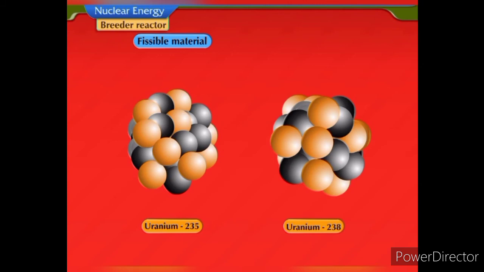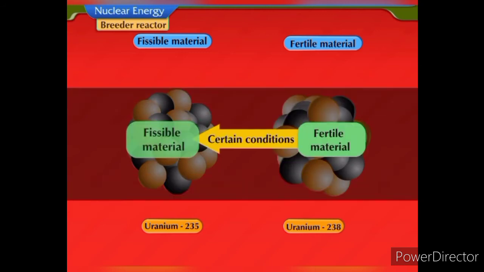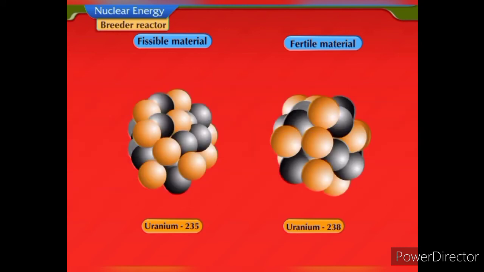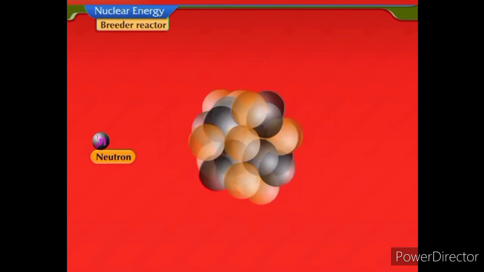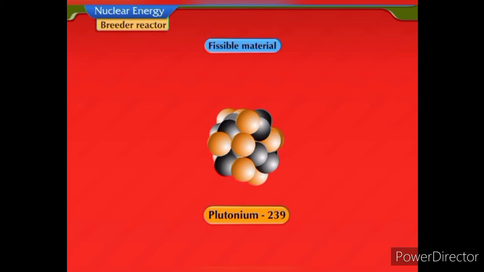Uranium-238 is not a fissile material, but it is a fertile material. A fertile material is one which can be converted into a fissile material under certain conditions. Uranium-238 can be converted into plutonium-239 by neutron bombardment, and this plutonium-239 is a fissile material which can undergo fission.